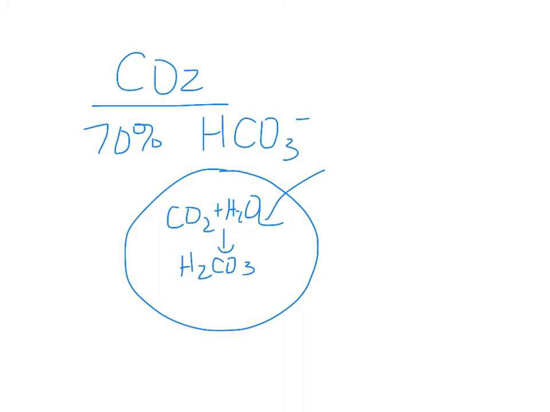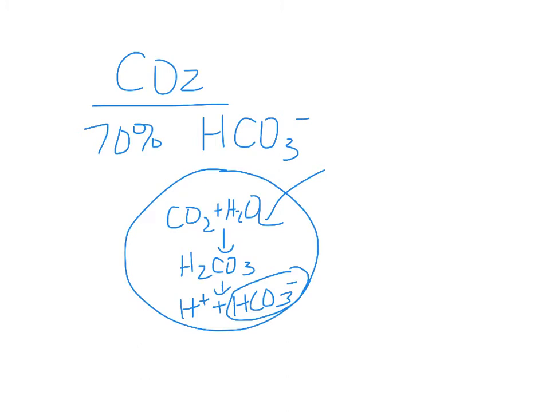So carbon dioxide and water combine together to form carbonic acid, and then immediately carbonic acid is going to dissociate into hydrogen ions plus bicarbonate. So the red blood cell will carry this bicarbonate around until it gets back to the lungs. And once it gets back to the lungs, the reaction will go in the opposite direction.